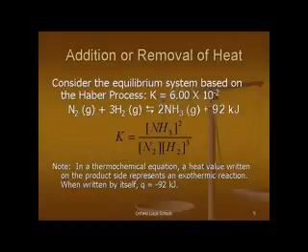Heat is being released to the surroundings. If this were an endothermic reaction, the heat would be written on the reactant side of the equation. And in the chemical equation, we don't include negative signs indicating that direction. Its direction is indicated by its position, whether it's written on the product side or the reactant side.